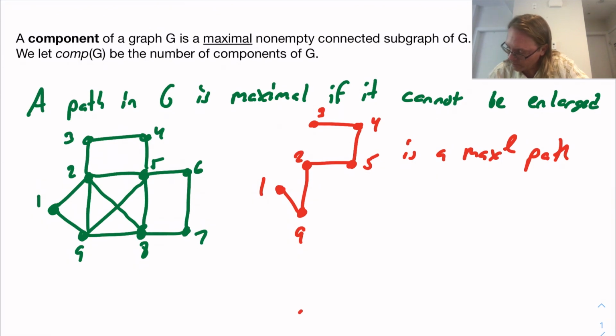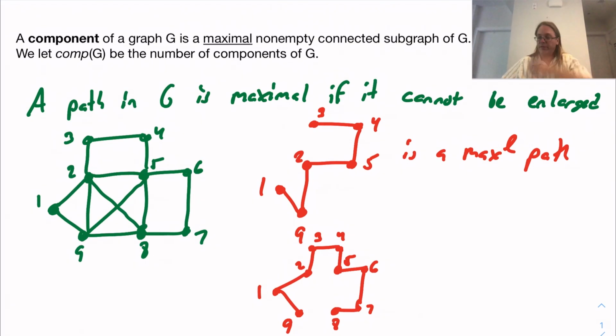An easier one here would be to go 9, 1, 2, 3, 4, 5, 6, 7, 8. Okay, so there is a longest possible path. This is also a maximal path. Both of these guys are maximal paths.